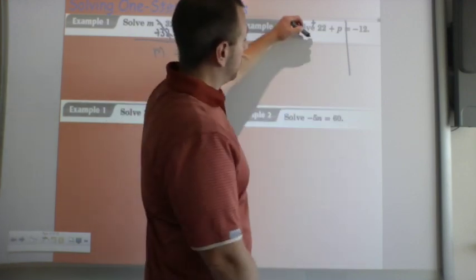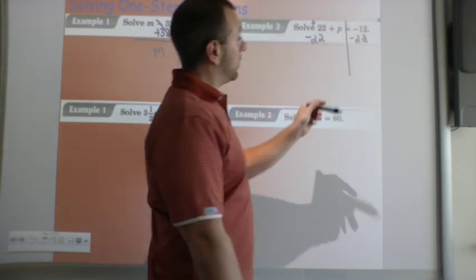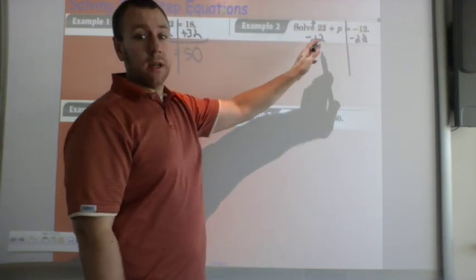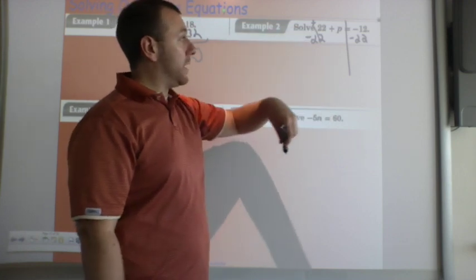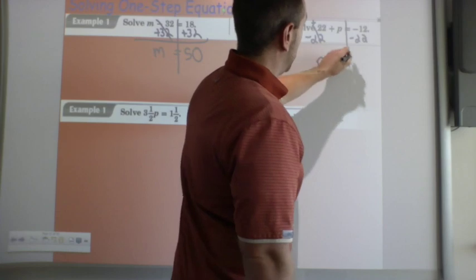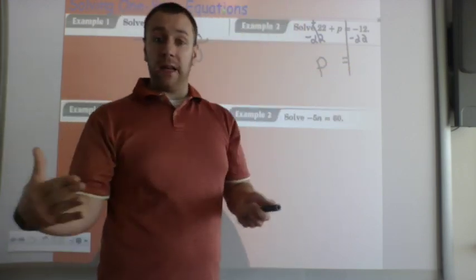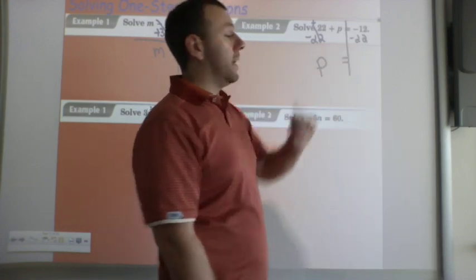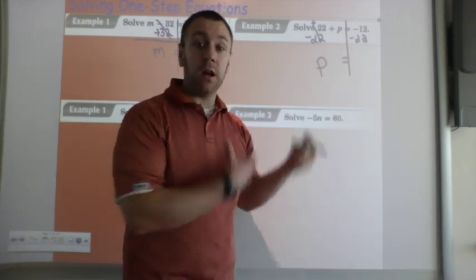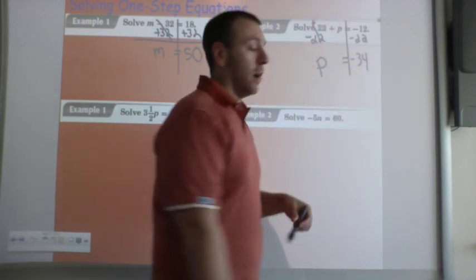So what I'm going to do is I'm going to take 22 away from both sides. Because what's the opposite of a positive 22? A negative 22. These cancel. I'm left with a positive p, so I can just write p equals. And a negative minus a number is more negative. I'm $12 in debt, and I go $22 more in debt, and now I'm at negative $34 in debt.